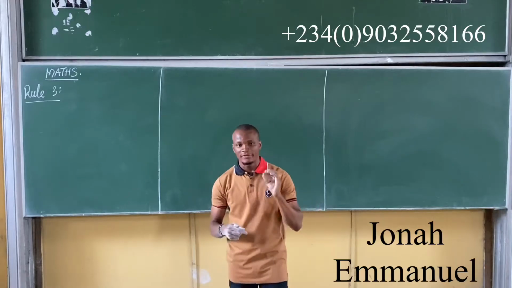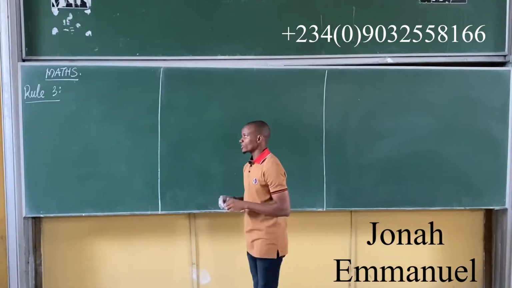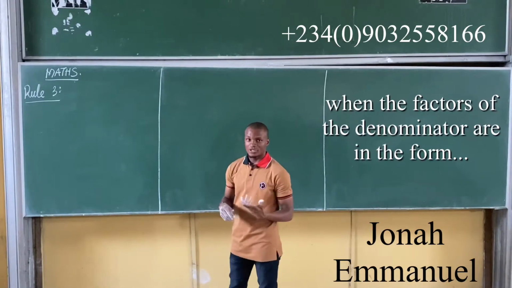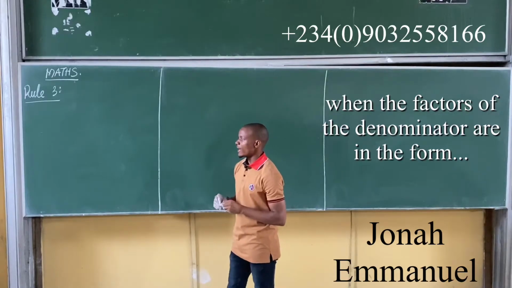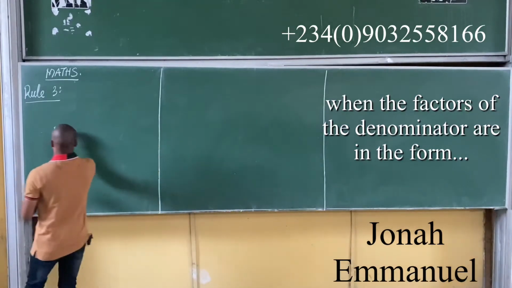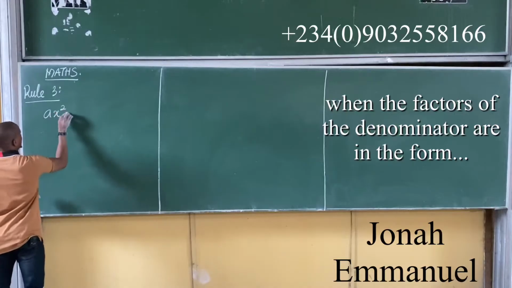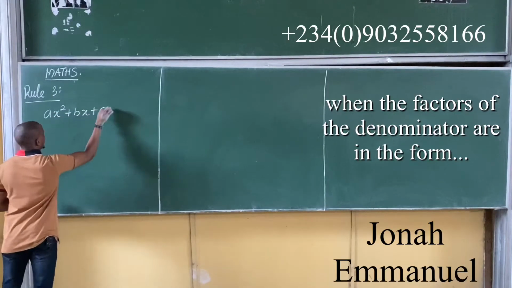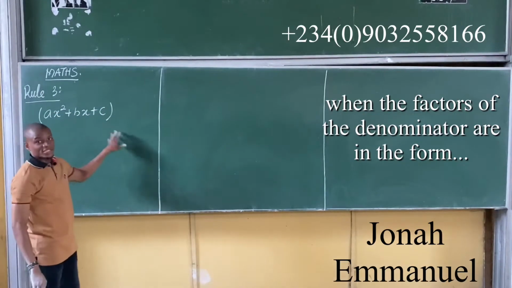Problems involving partial fraction. My third rule is this: when the factors of the denominator are in the form ax squared plus bx plus c, obviously this is quadratic.